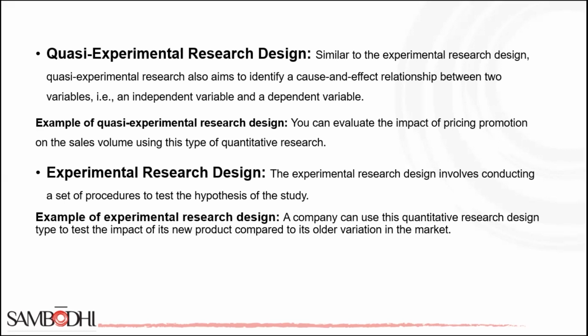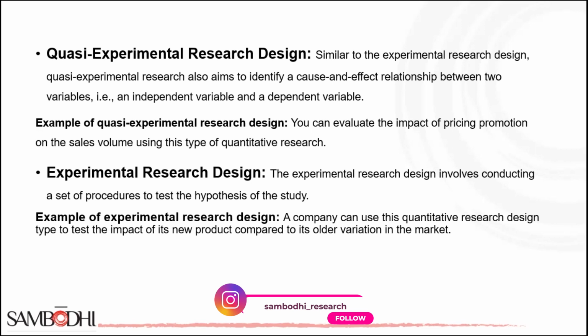The experimental research design involves conducting a set of procedures to test the hypothesis of the study. Subjects within experimental research are randomly assigned to groups rather than being assigned by non-random criteria.